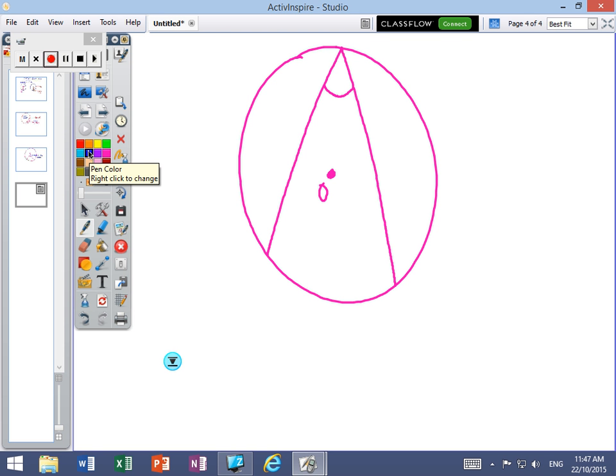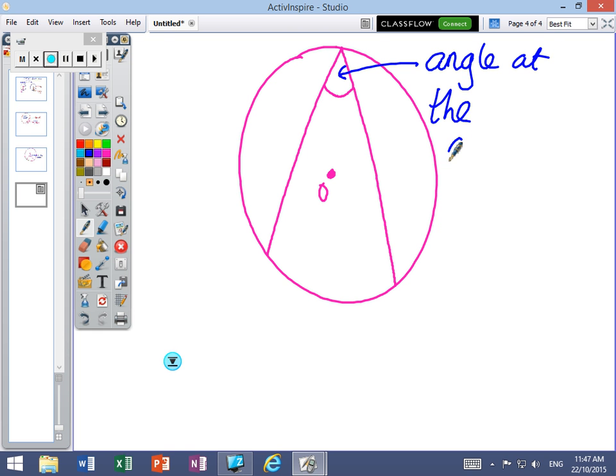What do you think we might call it this time? At the circumference, I heard someone say. Close enough. We're getting very close now to some actual geometry. So angle at the center, angle at the circumference.